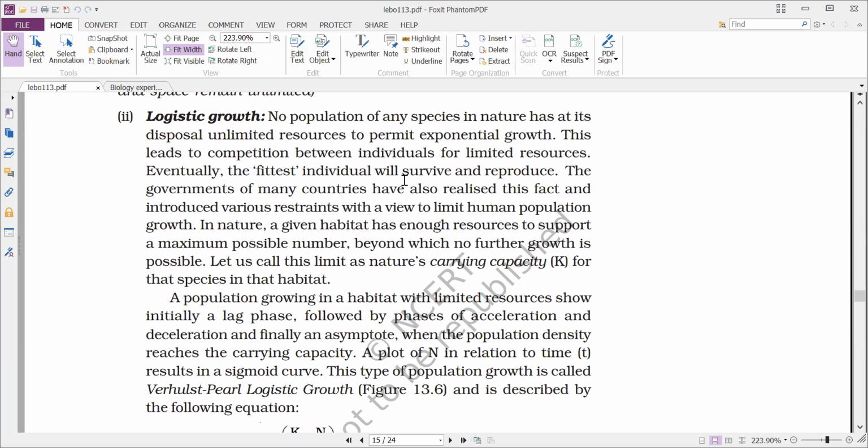That means the maximum possible number an ecosystem can support with the resources present in that ecosystem, we are calling the carrying capacity of that environment.